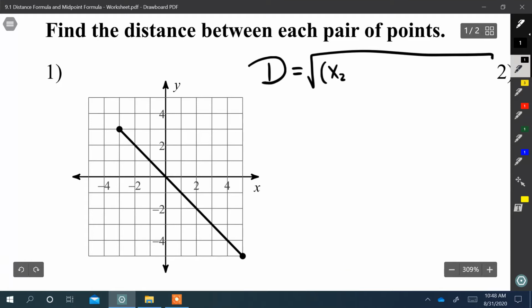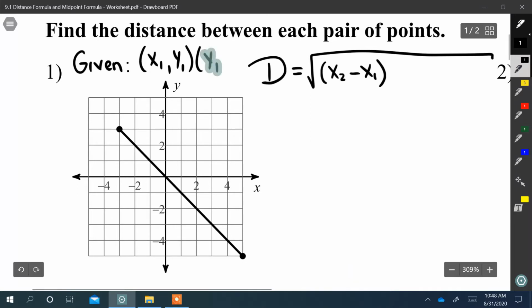Well, first of all, given points. So when you're given 2 points, let's just say the points x1 and y1 and x2 and y2.